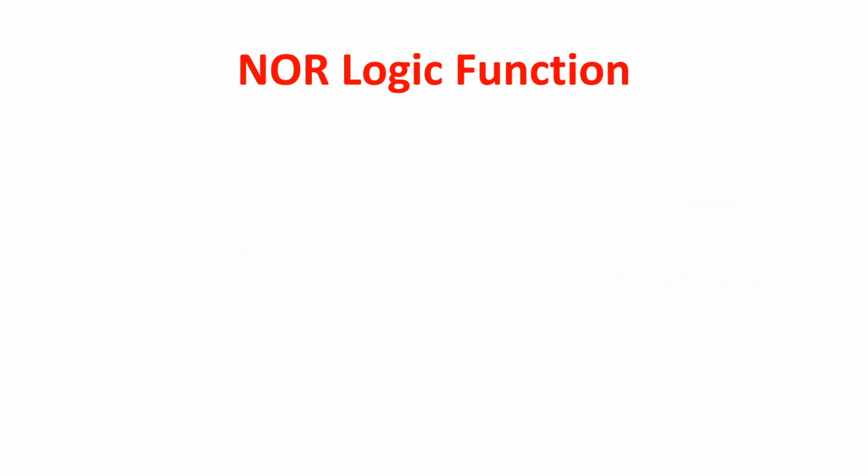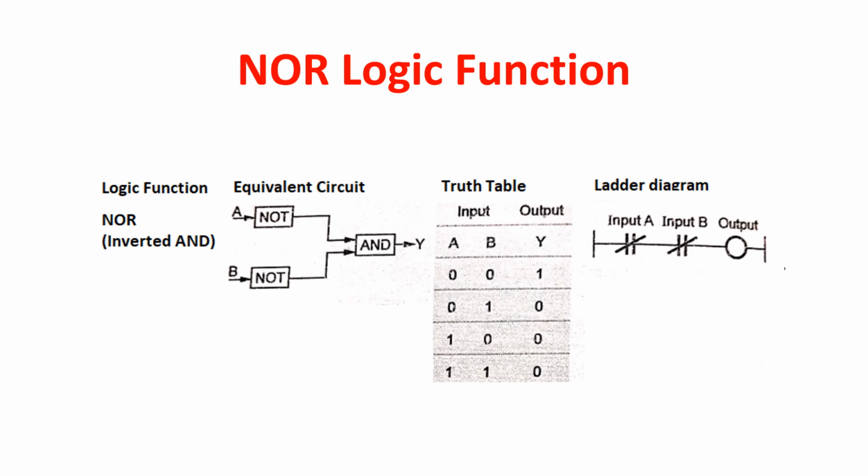The NOR logic function is indicated here. The NOR logic function is also called the inverted AND function. The equivalent circuit for the NOR logic function is indicated here. Here we considered input A, input B and the output.